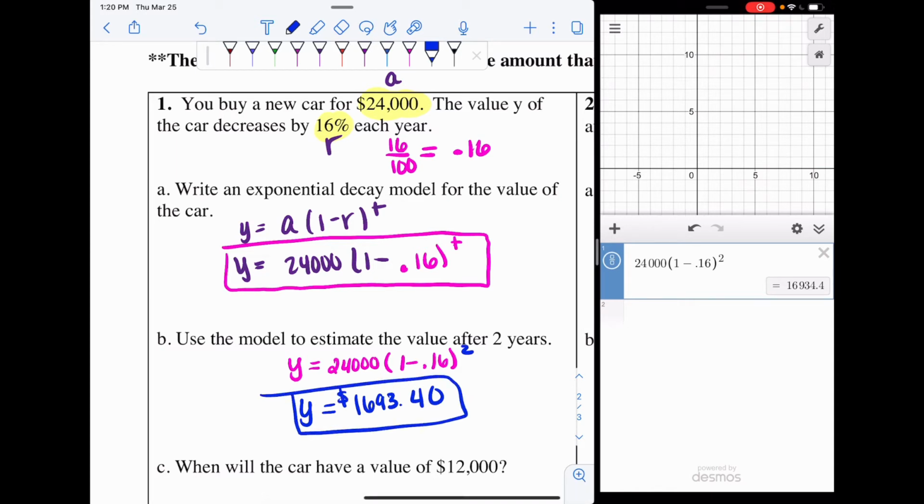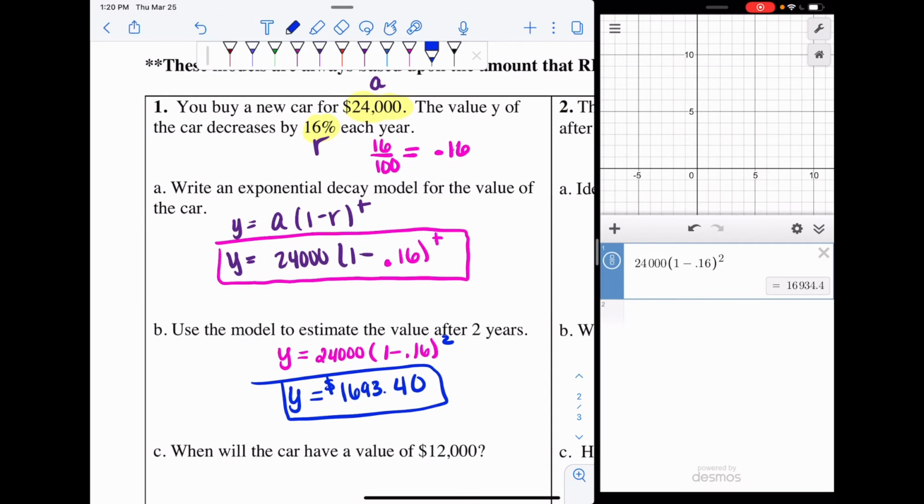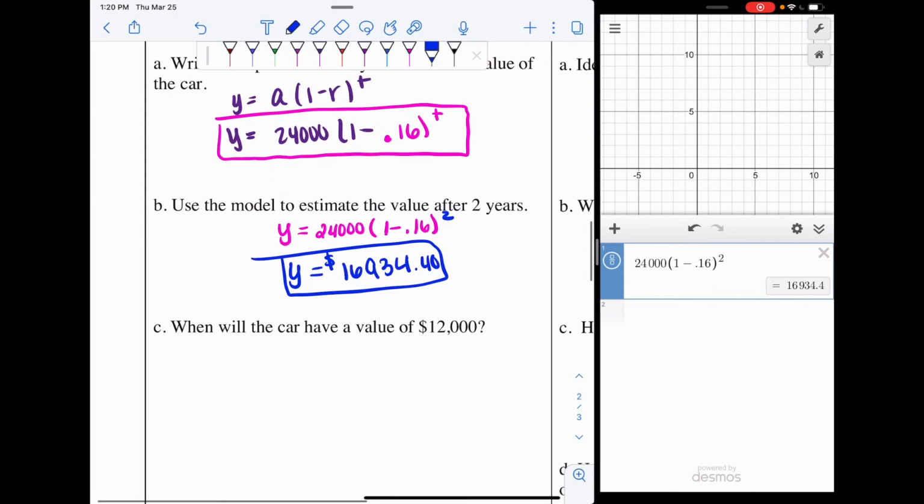So the car is going to be worth, oh, I missed a number. Sorry, I missed a number. That doesn't make sense. The car is going to be worth $16,934.40. Okay. So that's what I get when I plug it in.